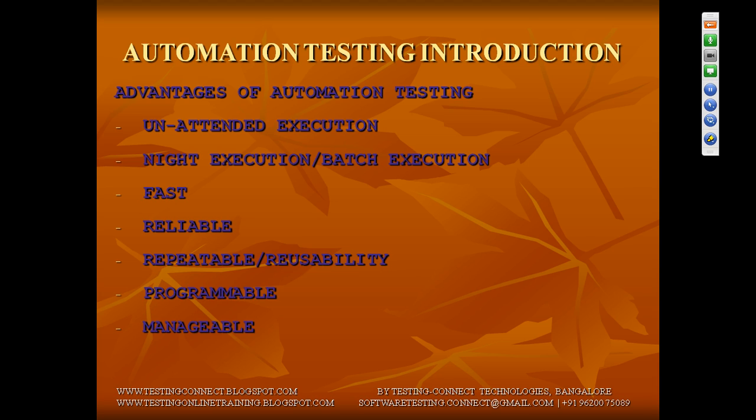What is the main purpose of automation? It needs to be executed in multiple environments and multiple releases. In one project there may be many environments like SIT environment, MIT environment, testing environment, manual testing, automation testing, performance testing. I'm just giving an example, it may vary from project to project. Once you come up with your automation scripts, they need to be executed in all of these environments, and for each environment there will be multiple releases, like SIT 100, SIT 200, SIT 300, SIT 400, SIT 400.1, SIT 400.2.